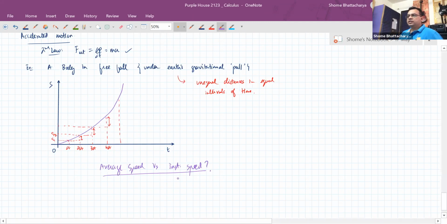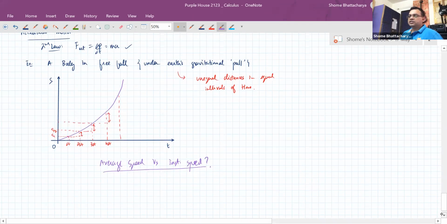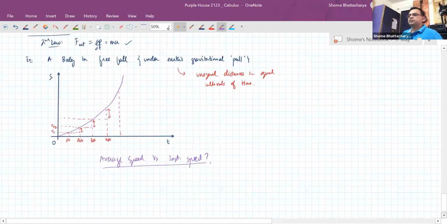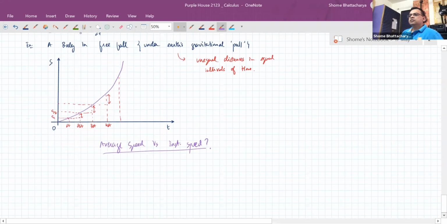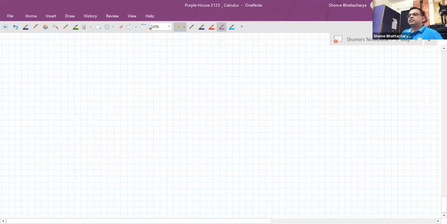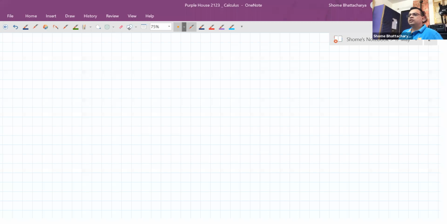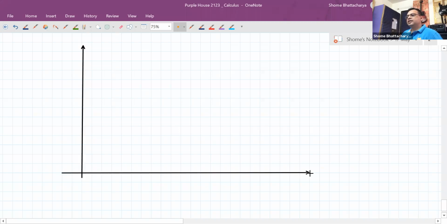Now in context of this, let's think of what instantaneous speed versus average speed is in a more technical manner. For such a graph, what is average speed? From the definition of average speed, it is the total distance traveled in a certain time interval. So if that time interval is T1 to T2, the total distance traveled during that interval is S2 minus S1, divided by the time interval.